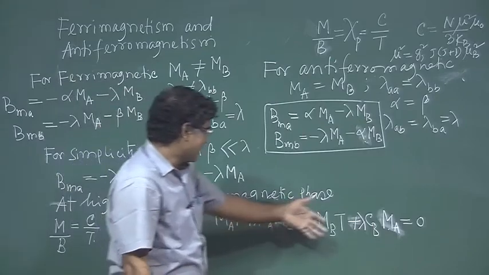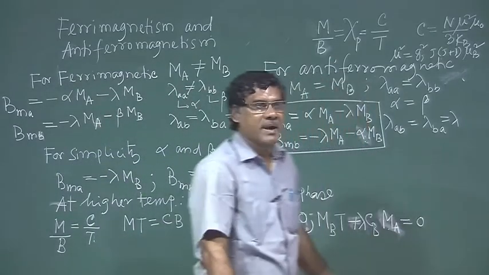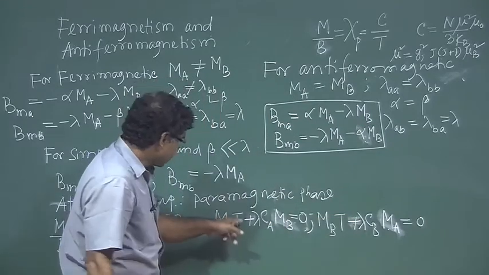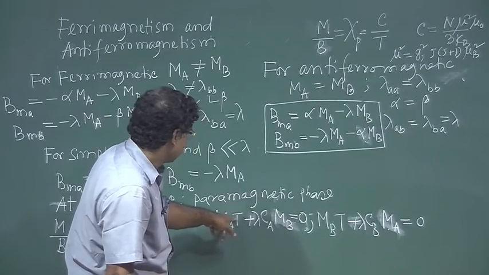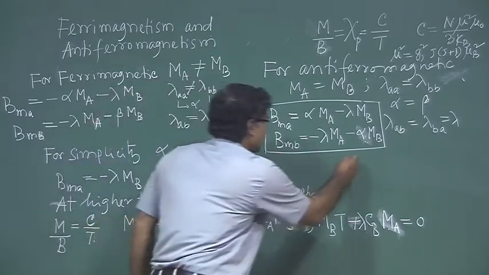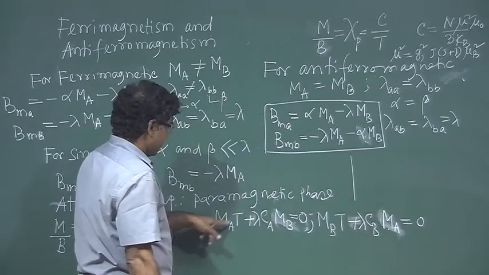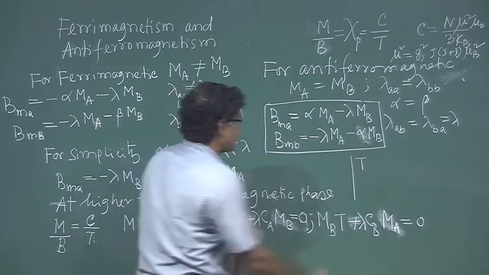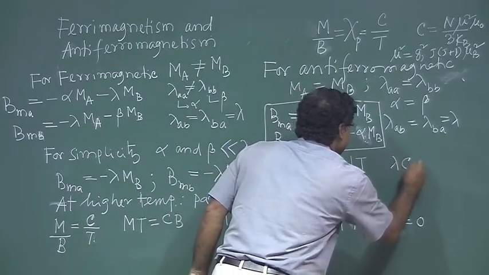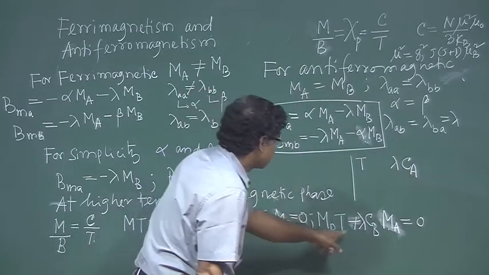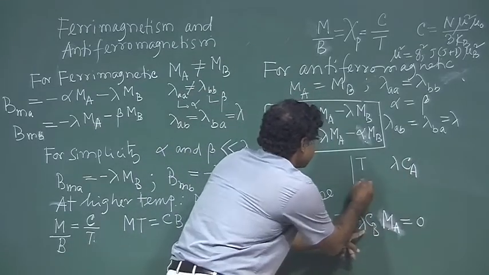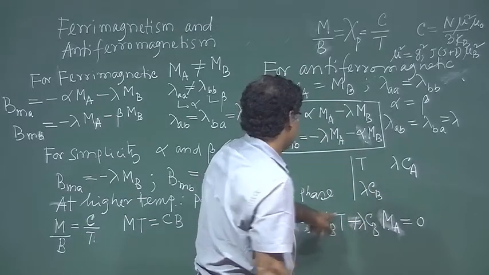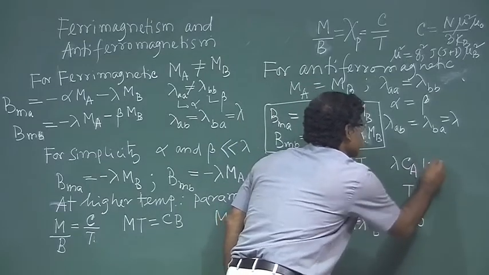So, now to get the non-vanishing solution for M_A and M_B, the determinant has to be 0, right. So, the coefficient of M_A and M_B is T here. So, the determinant will be T, lambda C_A, lambda C_B, and T. So, this has to be equal to 0, right.